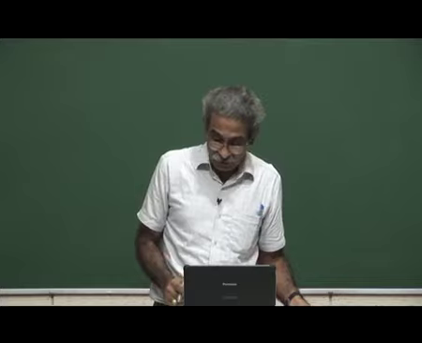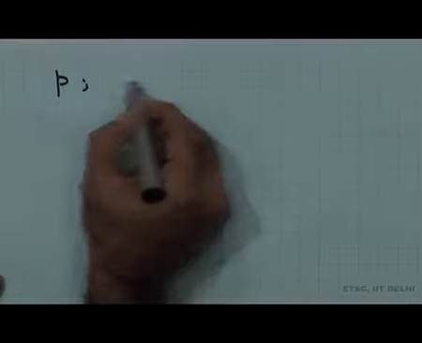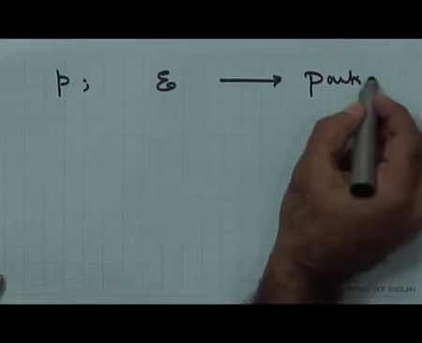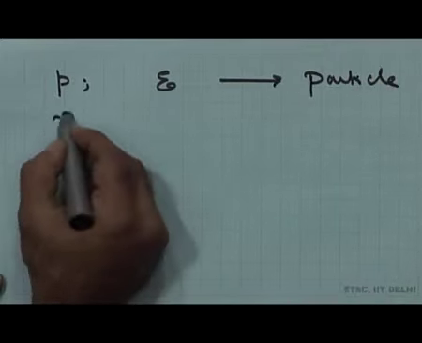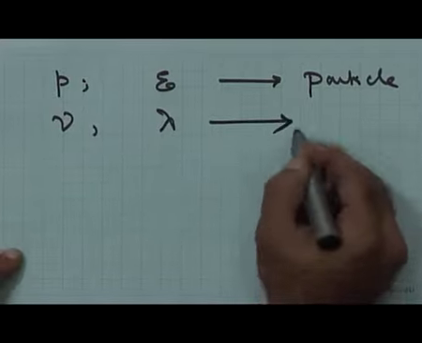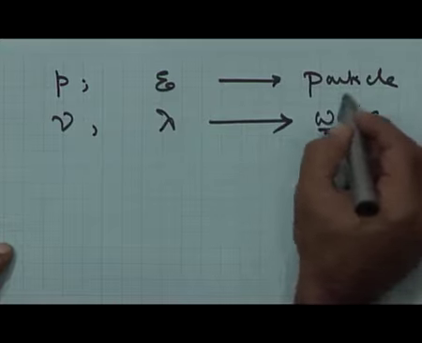Now we are going to encounter a rather peculiar situation, because you have the momentum, you have the energy coming from the particle, and then you have the nu, and you have the wave number, the wavelength, which is going to correspond to the wave picture.